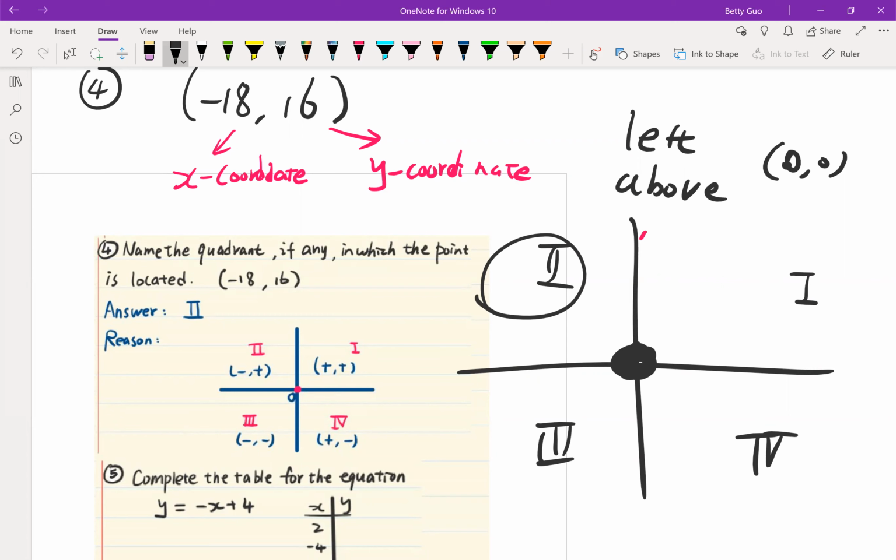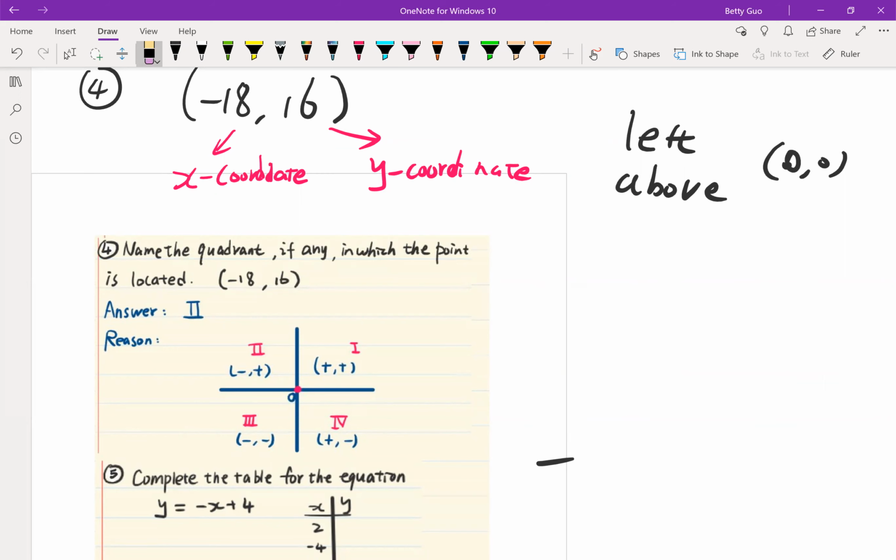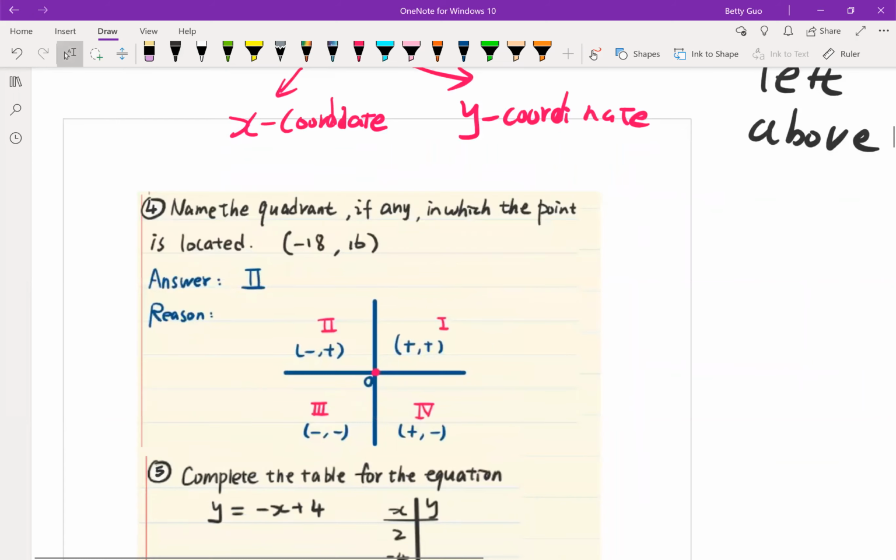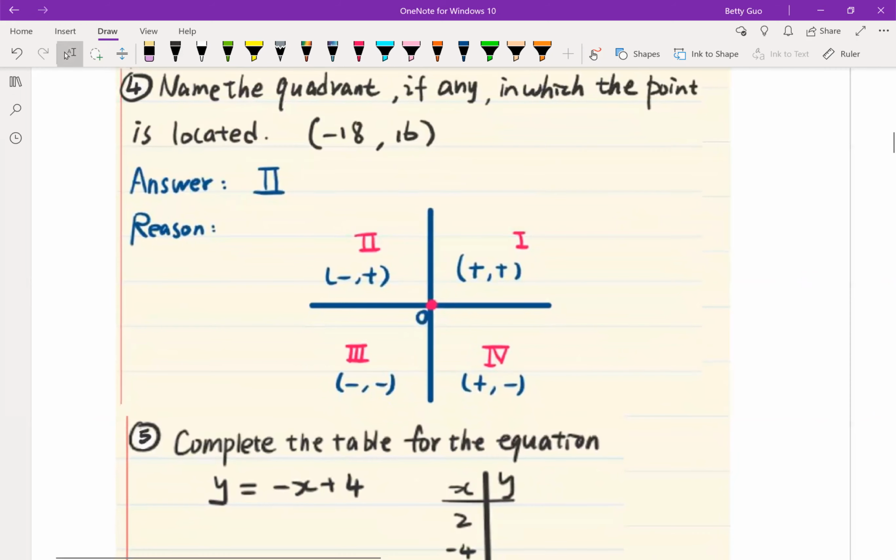All right, is that doable? We can look at the graph here in my notes. In quadrant 1, right top, both x and y are positive. In quadrant 2, left top, the x-coordinate is negative, the y-coordinate is positive. I always go very detailed because we are using this.